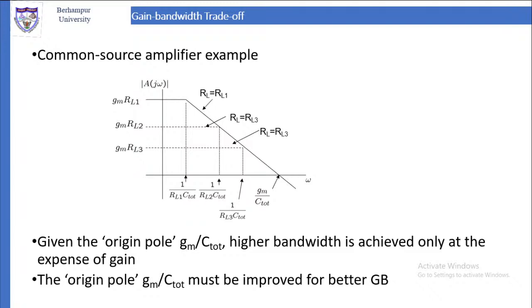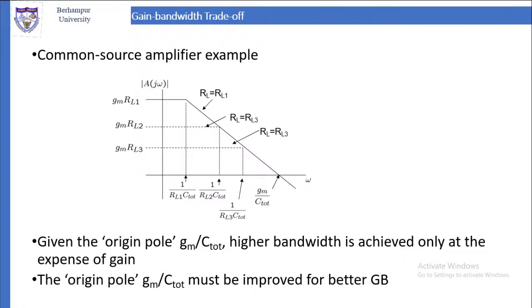Now come to this figure. In the figure, you can see there is a curve which is flat at the top. Then it is decreasing. There is a slope, so it slopes away from the flat portion. When it is flat, it means its gain is constant.